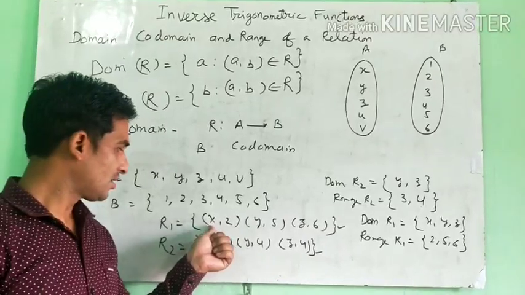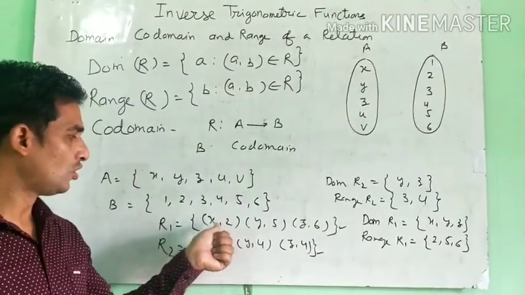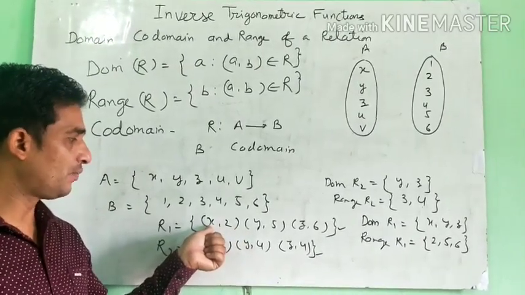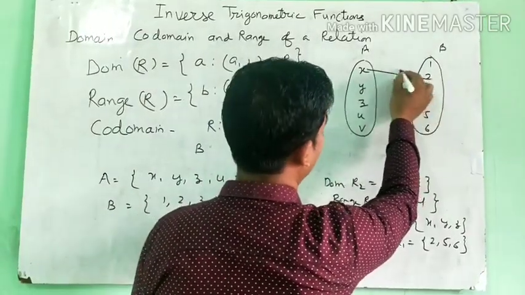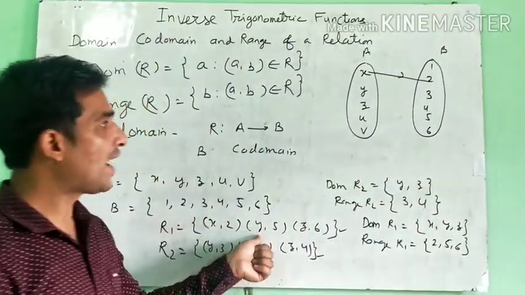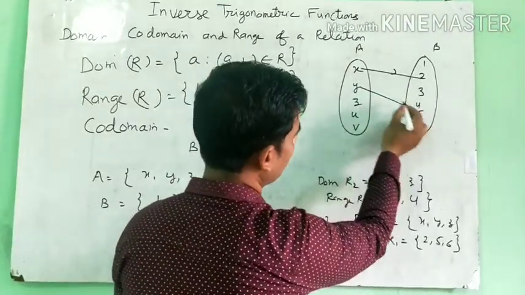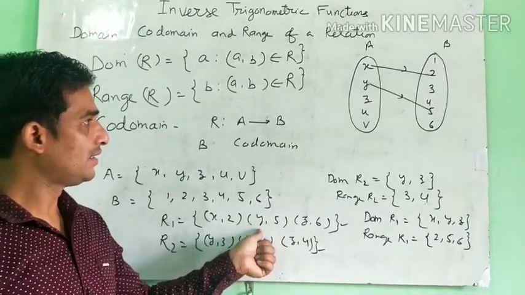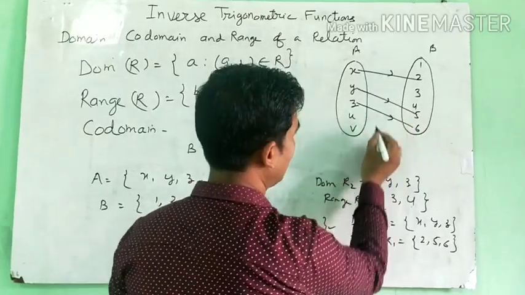Now I focus on the relation (X,2). It means connect X with 2 by an arrow. Similarly, (Y,5) connects Y with 5, and (Z,6) connects Z with 6.